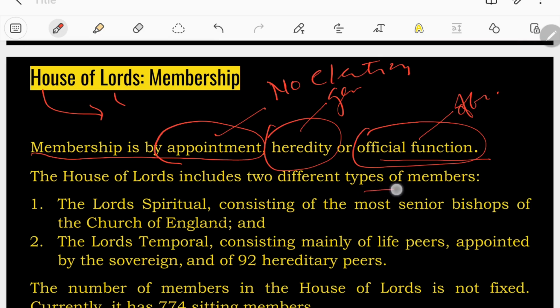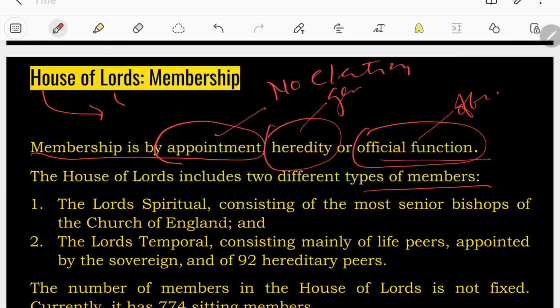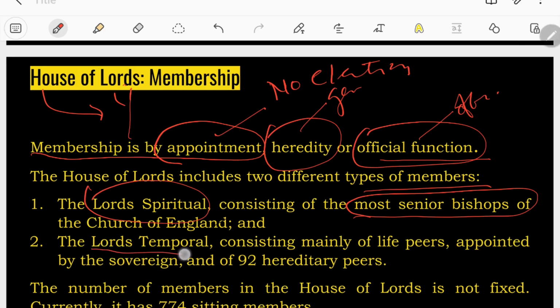Now these members are going to be of two types. One is Lords Spiritual. These people come basically from the church, that is the most senior bishops of the Church of England. They are part of this House of Lords. The second category of members of the House of Lords are called Lords Temporal.